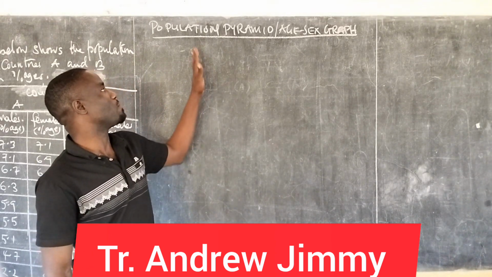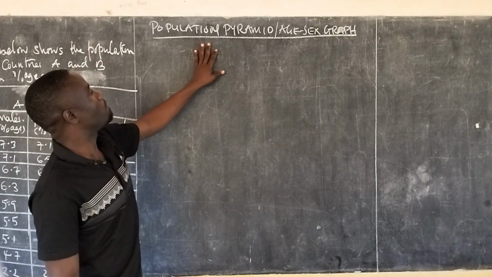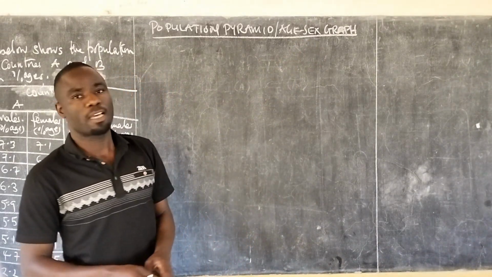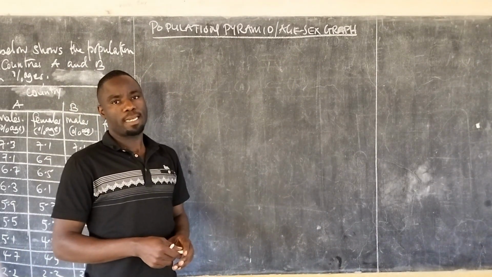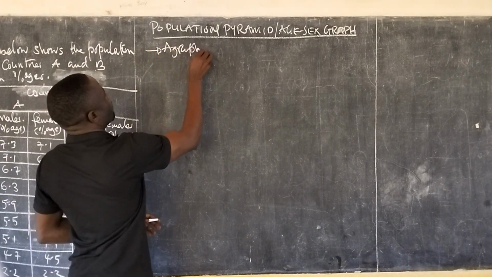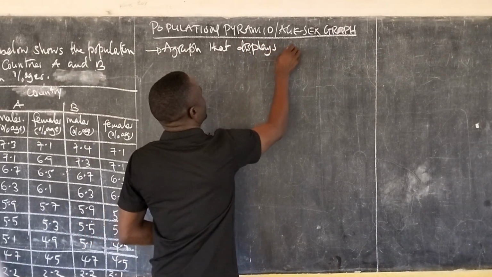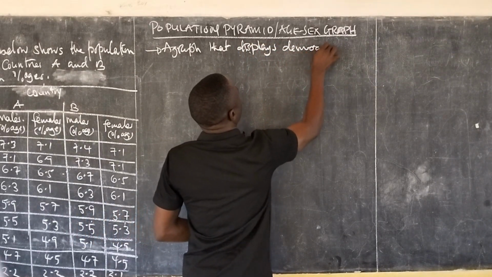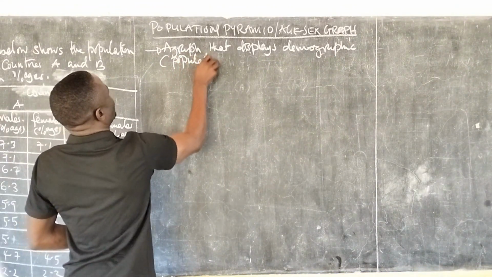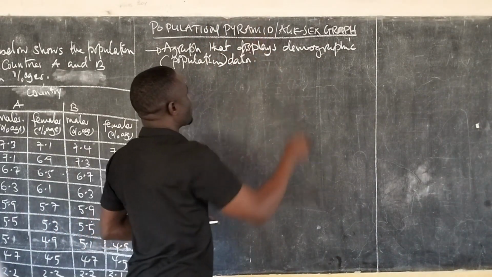As usual, we are still dealing with statistical graphs, and today we are going to have a graph known as the population pyramid or age sex graph. This is a graph that is used to display demographic data, or population data.